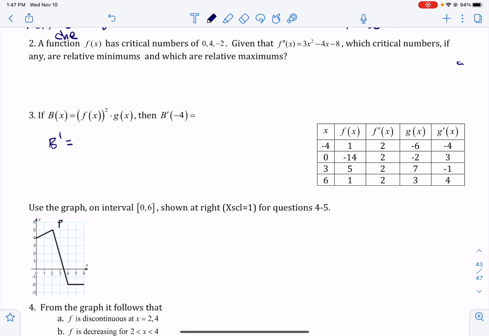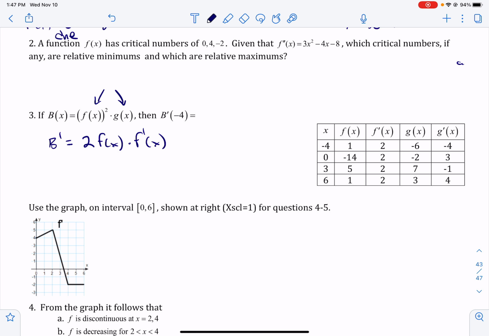So b prime equals, let's see, I've got 2 functions, so I've got to do the product rule. The derivative of the first is 2f of x, and then I have to multiply by the second, times g of x, and I did the derivative of the outside, but I need to multiply by the derivative of the inside.